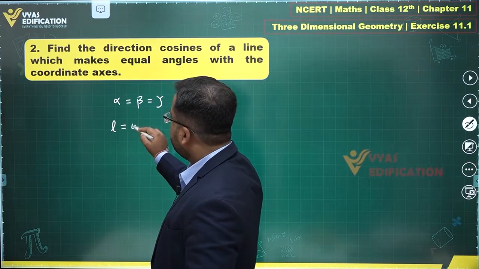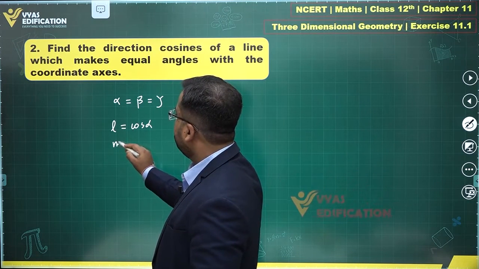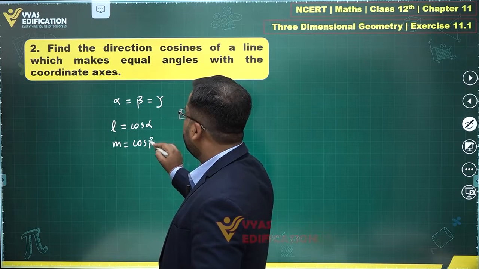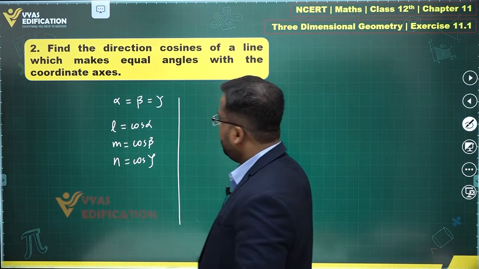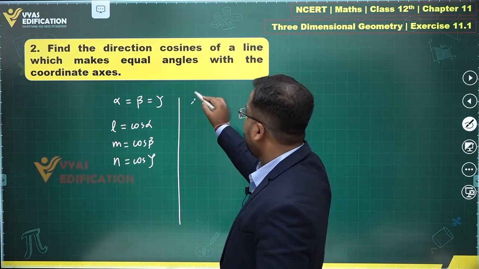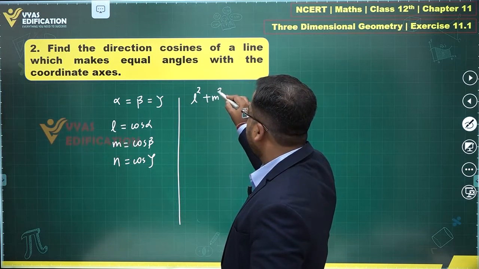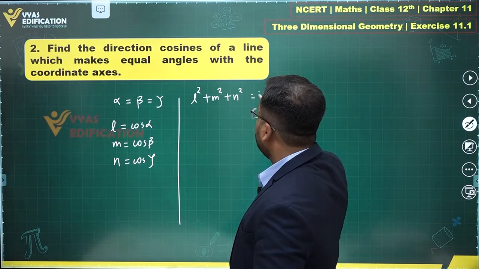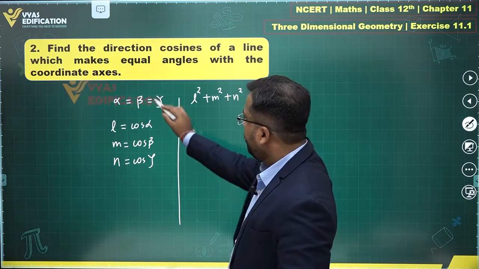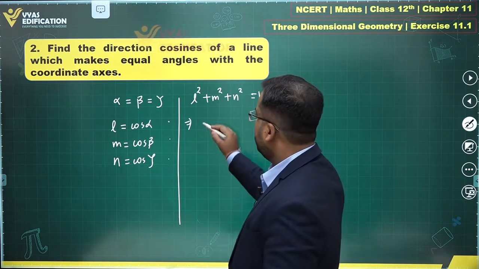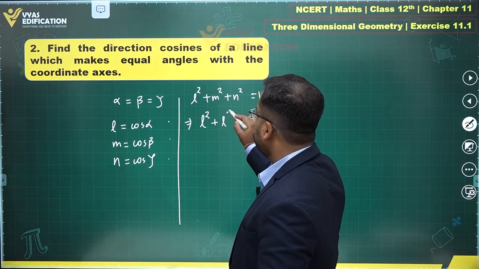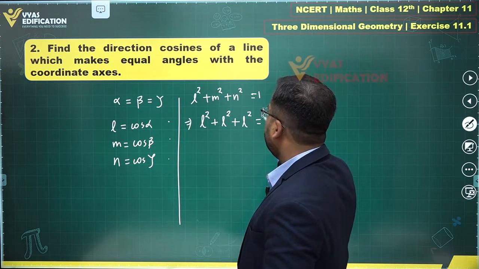L is cos alpha, M is cos beta, N is cos gamma. And one important property which we already know is L square plus M square plus N square is equal to 1. If alpha is equal to beta is equal to gamma, these three things will be exactly the same. Therefore, this is L square, this also becomes L square, this also becomes L square.